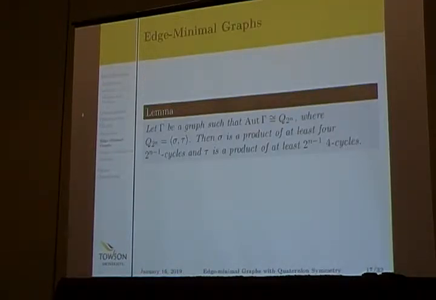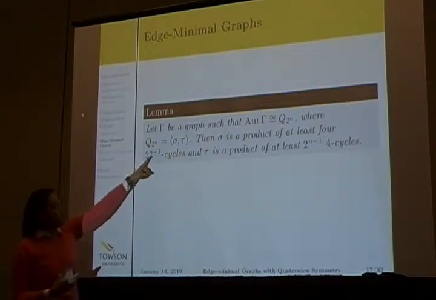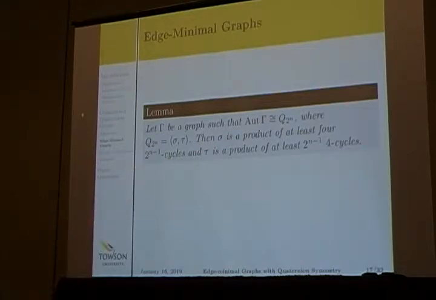Okay, so this lemma is going to allow us to solve the minimal edge problem for small values of m. All right, so if we assume that we have some graph, gamma, whose automorphism group is isomorphic to the generalized Quaternion group, and we're going to assume that it's generated by sigma and tau, those generators I just presented.